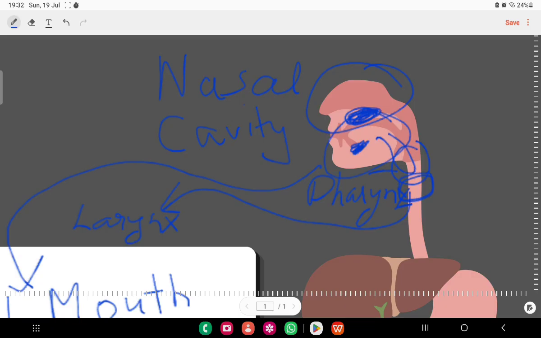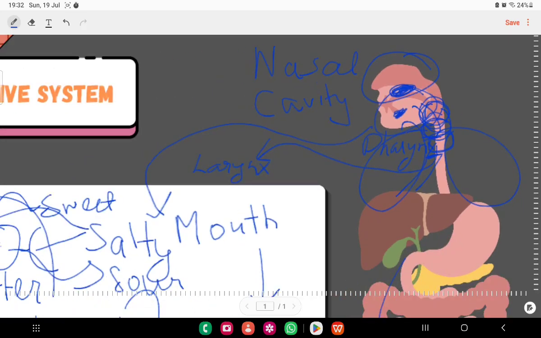The epiglottis lies here, and it separates the windpipe from the food pipe. I mean, it is not here obviously. The pharynx is a little bit up here. Then we got the voice box in here, and then the lungs are here.